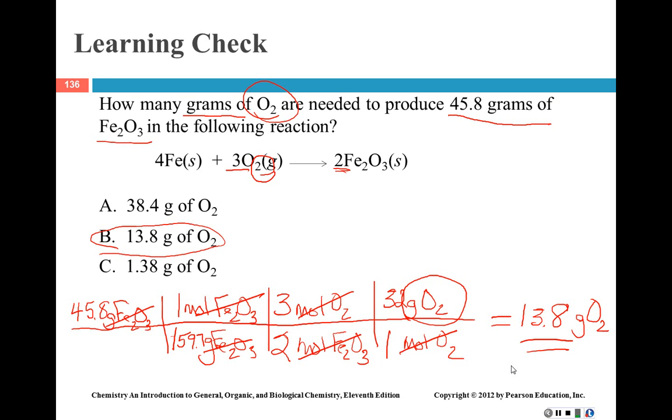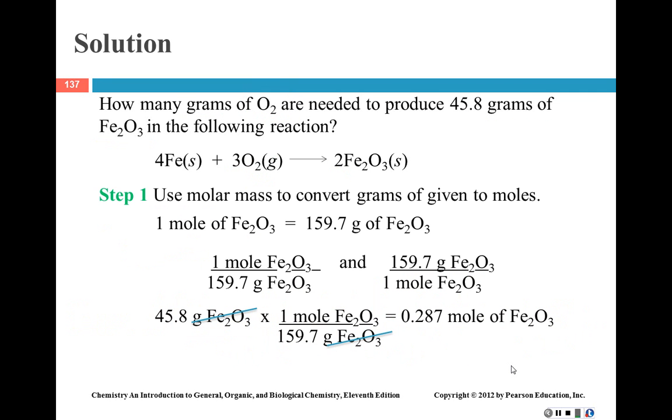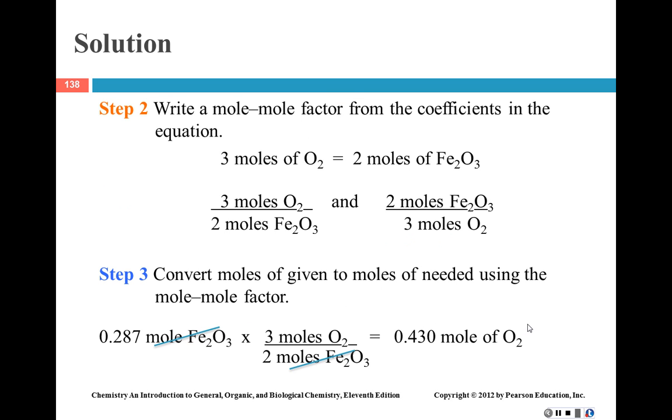All right, so when they're doing it the long way, what they did, like we did, they found out what the molar mass or molecular mass of Fe2O3 was. And they came up with their conversion. They converted the 45.8 grams that we were given of Fe2O3 to moles. Then they took those moles that they calculated, and they are going to multiply it by the molar ratio according to the chemical equation.